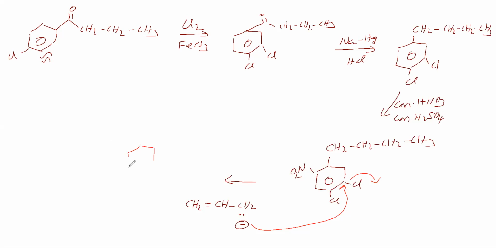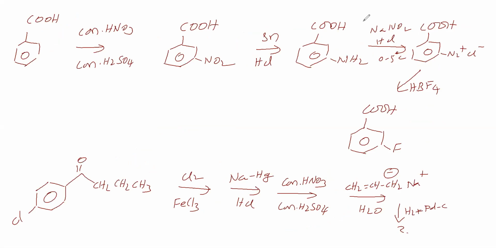So we will get here the butyl group, here the NO2 group, and in this place CH2-CH=CH2. In this place Cl. We got like this. And suppose here so and so is there, we will take it in this place.